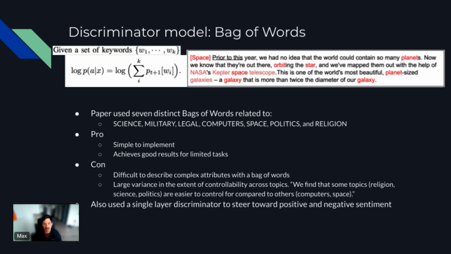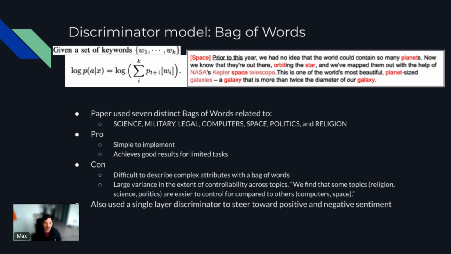One of the discriminator models used in the plug-and-play paper is a very simple bag of words. This models the probability of an attribute given a sentence. The attribute could be something like space, given the sentence, by counting up the number of words that appear in the bag related to space. So here it might count planet, orbit, star, and galaxy.